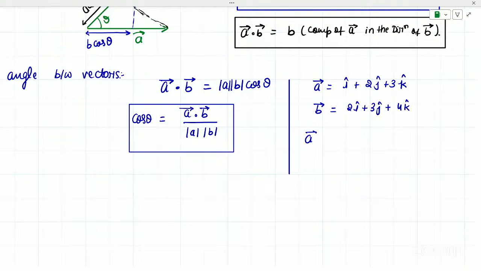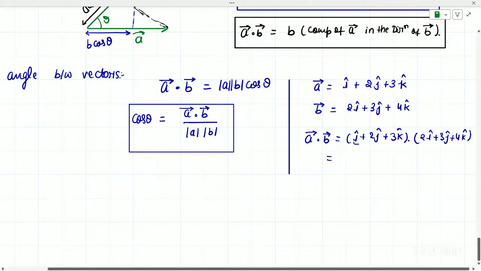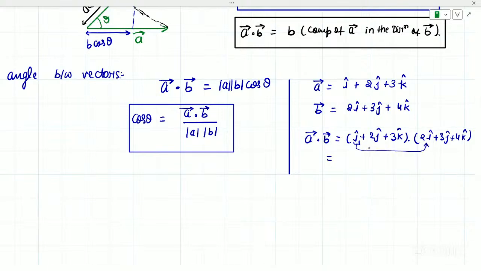Now, how to calculate A dot B? i cap plus 2j cap plus 3k cap, dot product with 2i cap plus 3j cap plus 4k cap. Firstly, take this i. This i will multiply with 2i, and this i will also multiply with 3j cap and then 4k cap.